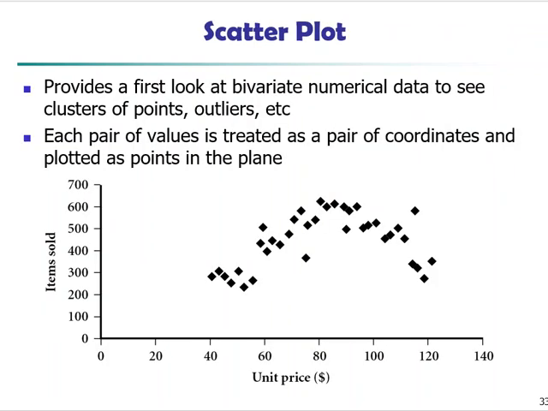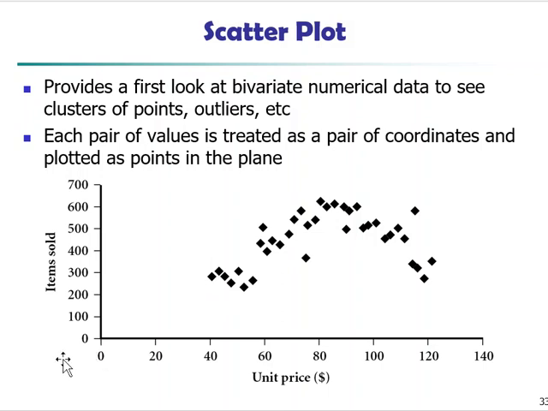Okay. So the last plot that we're going to introduce is the scatter plot. This scatter plot is a powerful tool. The example that I use here is for bivariate numerical data, meaning that the observations are described by two variables.